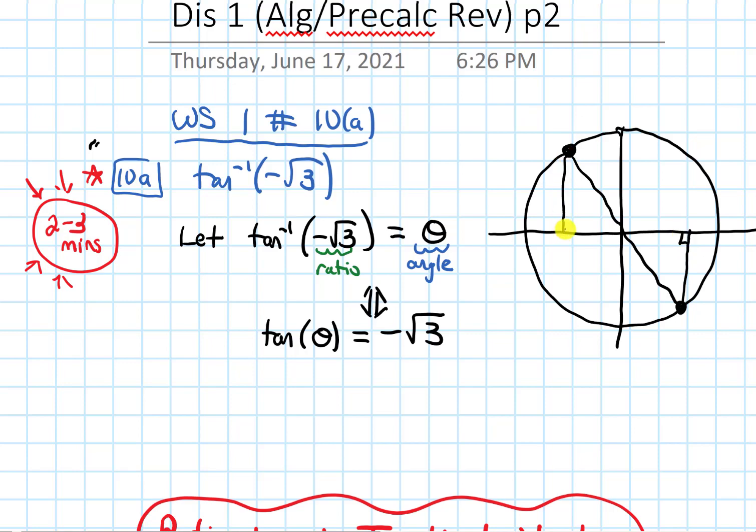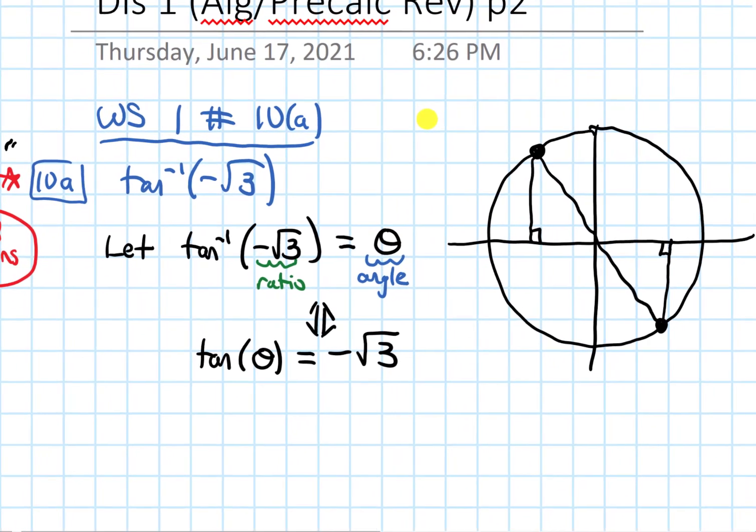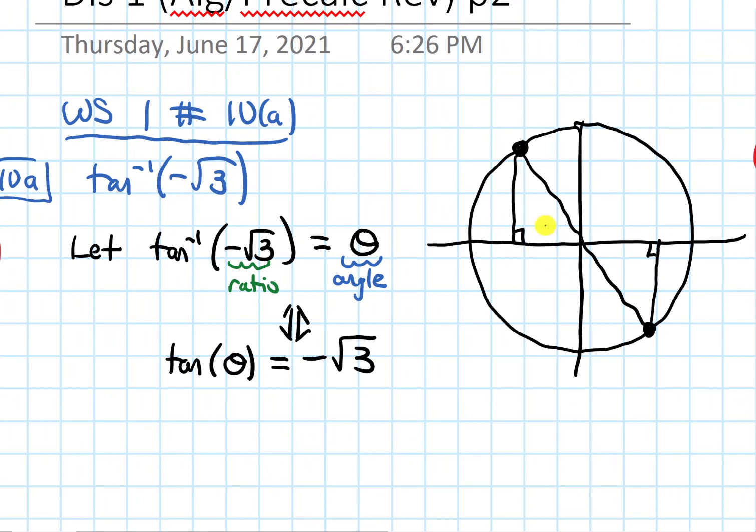And now I'm going to fill out these values. This either comes from if I have the unit circle memorized, or if I use my 30, 60, 90 and 45, 45, 90 stuff. So if I want tangent to be equal to negative root 3, remember on the unit circle tangent is y over x.